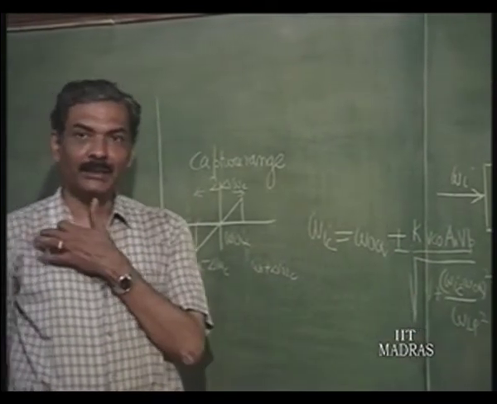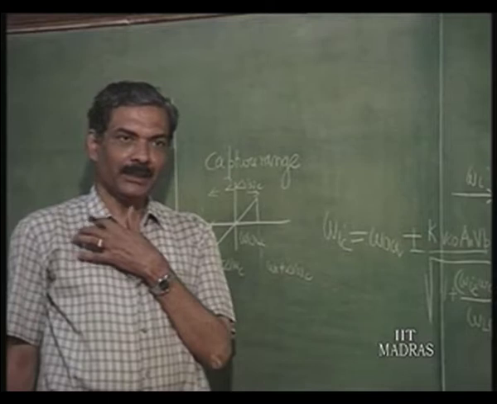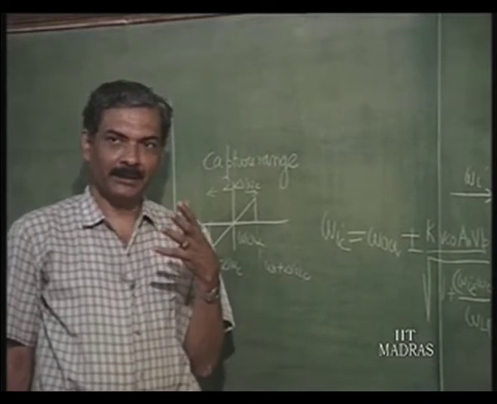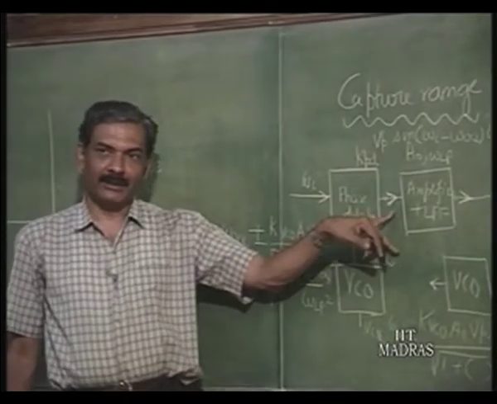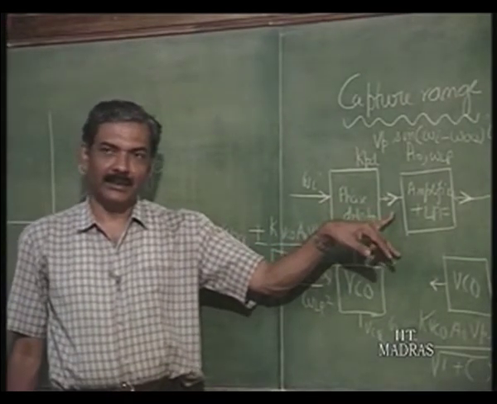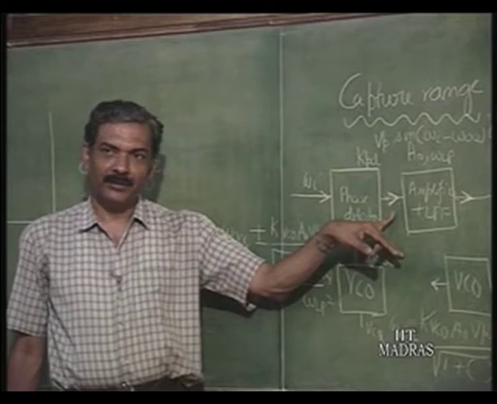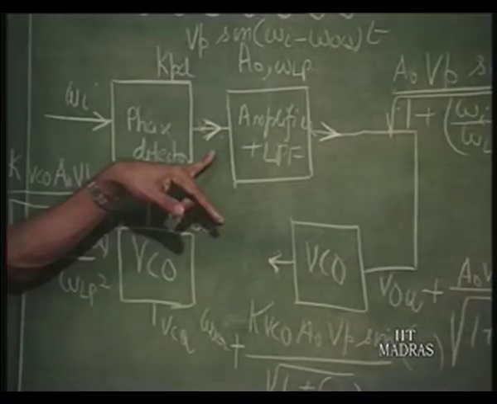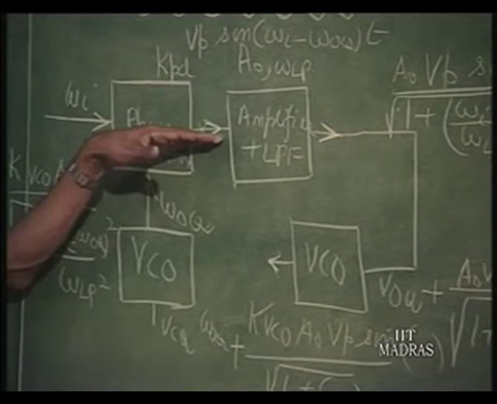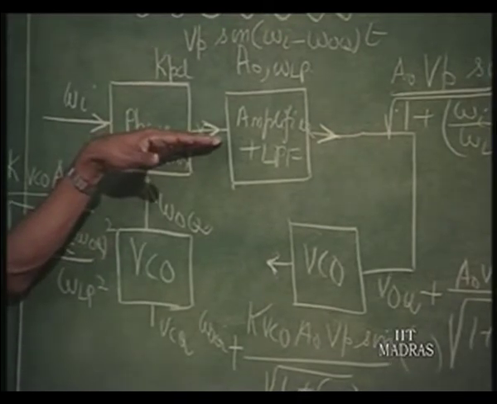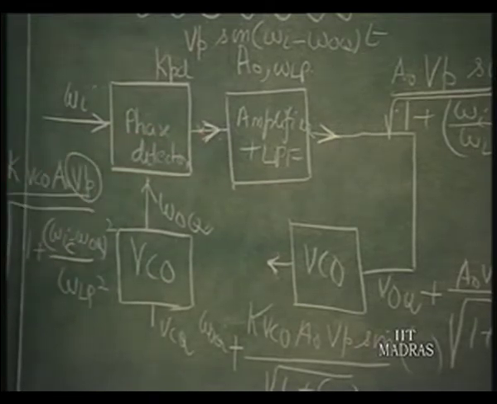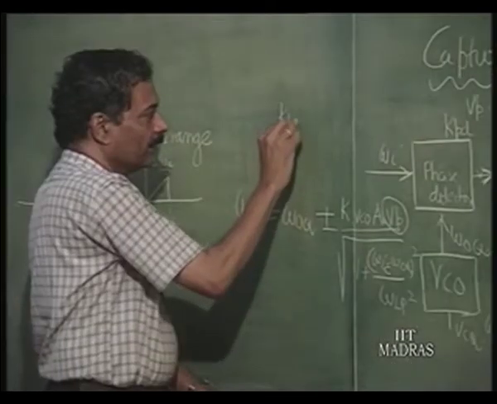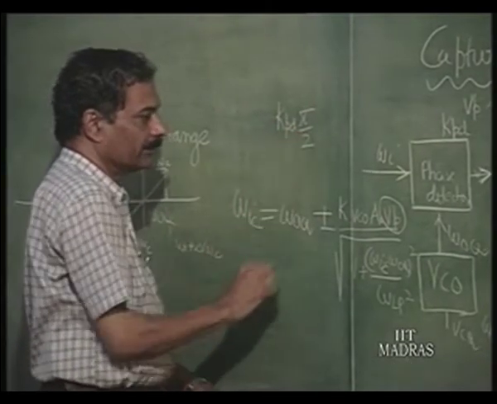And what is Vp? Vp is the peak voltage possible at the output of the phase detector, which is also, if the phase detector is linear, nothing but Kpd into pi by 2. The peak change possible at the output of the phase detector is nothing but Kpd into pi by 2.